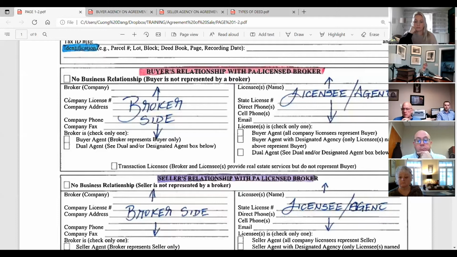What that basically means is, if need be, we can have somebody else represent the buyer for you in your absence. I didn't hear the question. She asked what it means about all company licensees represent buyer. Yes, that's really the main purpose of that. Thank you. You're welcome. Good question.